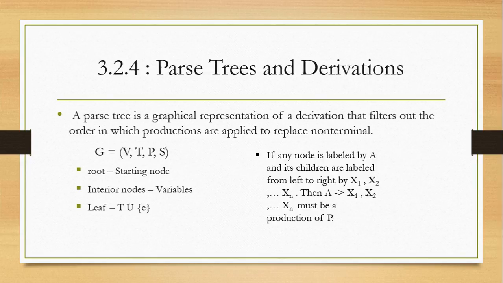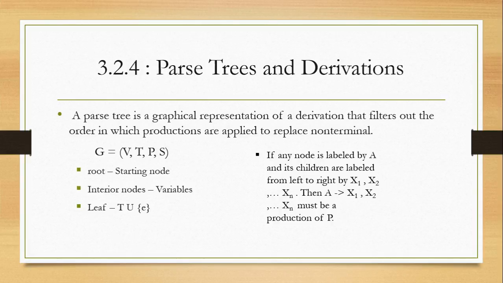Moving on, parse tree and derivation. A parse tree is a graphical representation of a derivation that filters out the order in which productions are applied to replace the non-terminals.